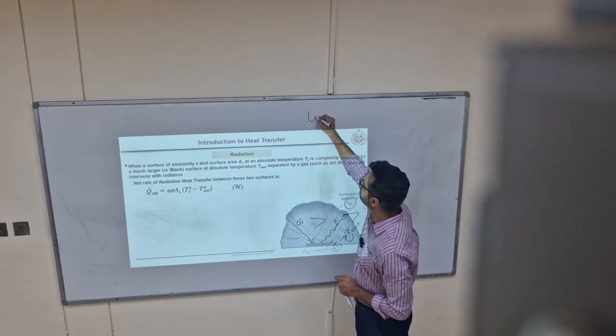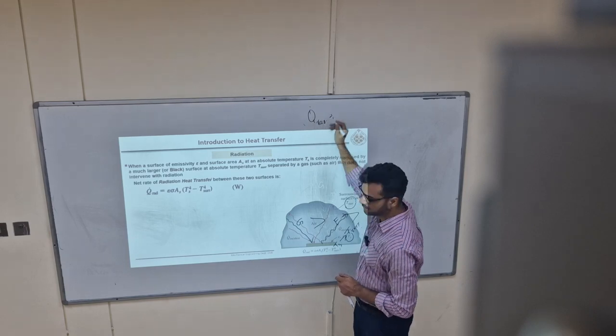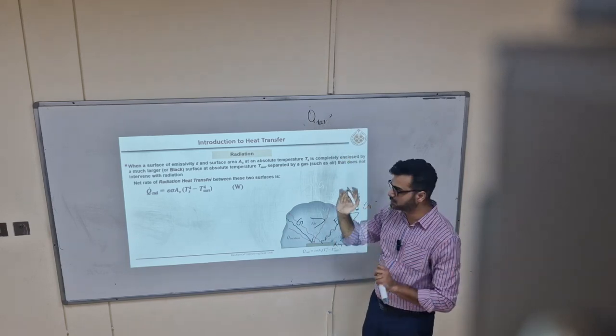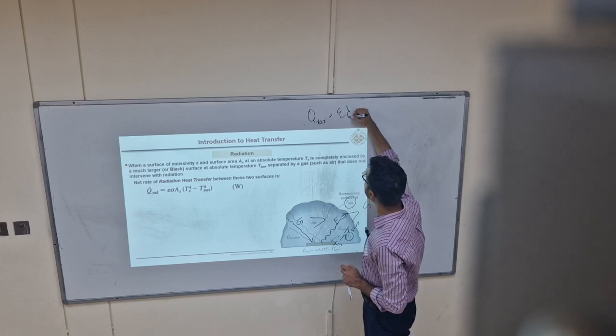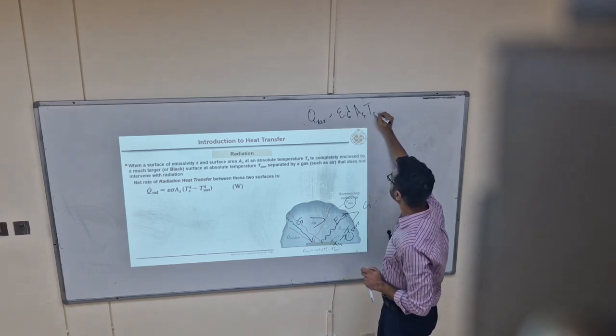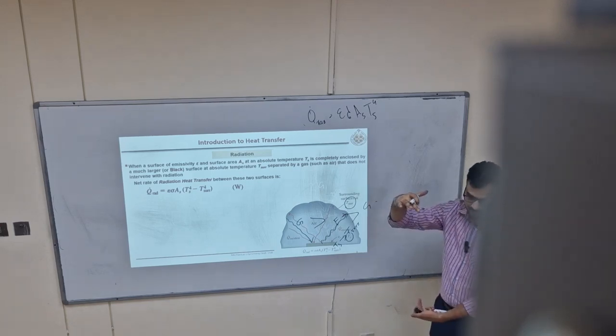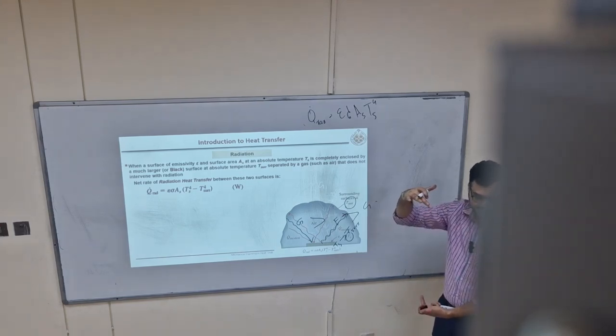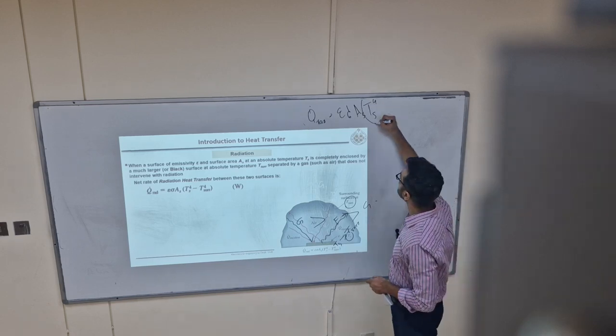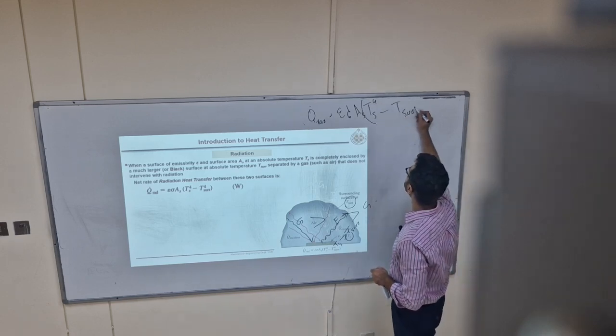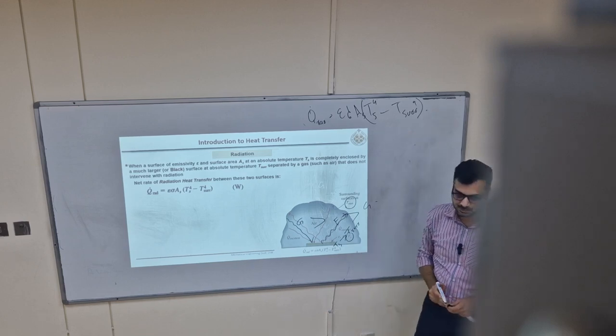Before, what we said, Q dot radiation from a body, just one body, was epsilon sigma and its surface temperature. Now we are saying if there are two bodies involved and we want to find out radiation heat exchange between these two bodies, then it is Ts minus T surrounding to the power 4.